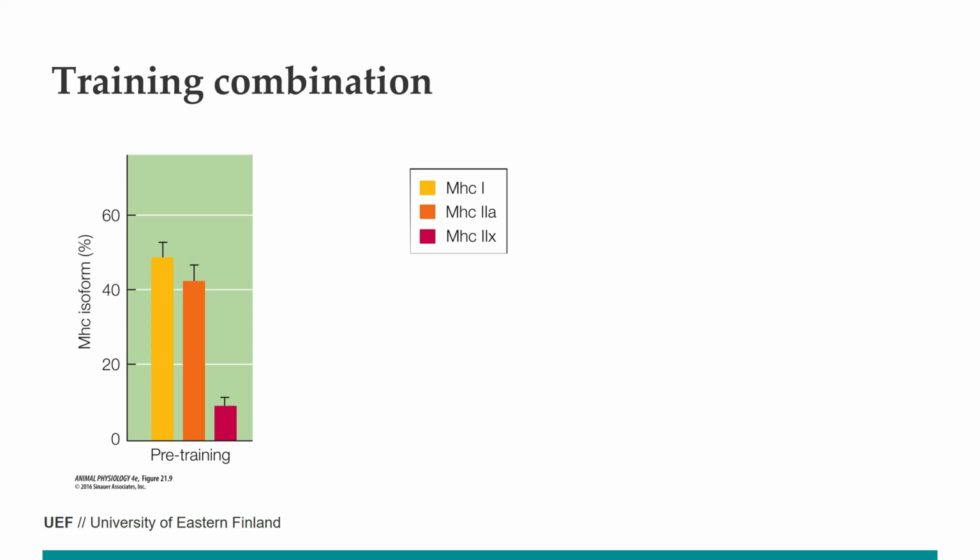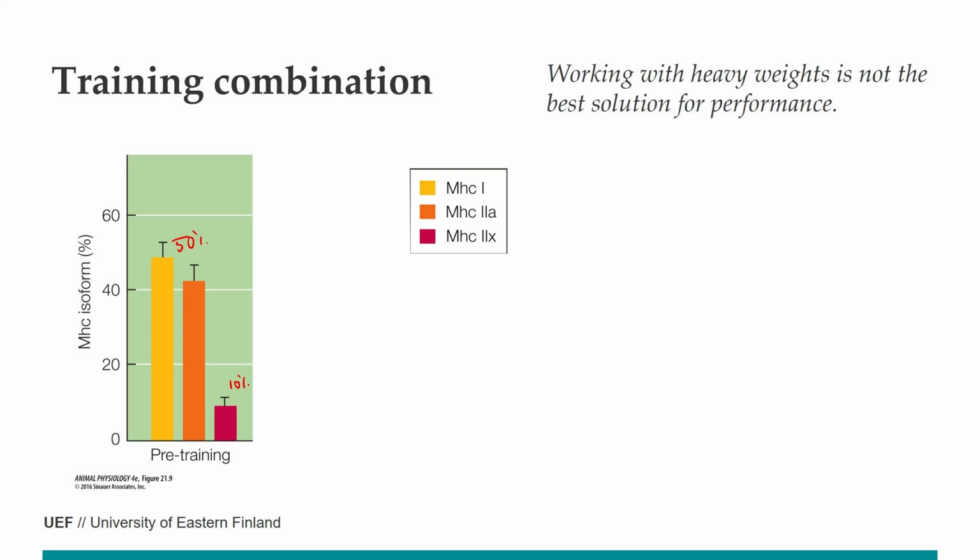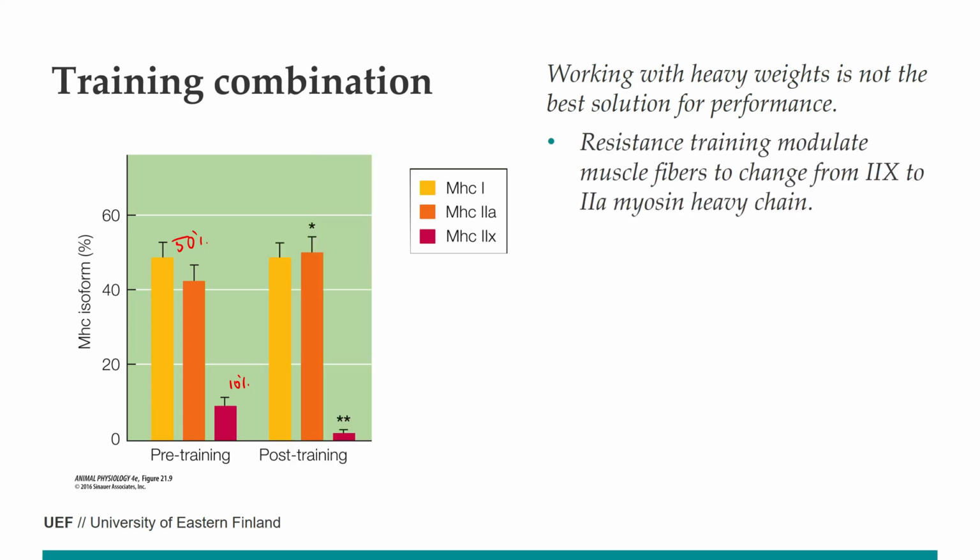Over here we can see that again 50% is MHC1, these slow oxidative fibers, maybe 10% is fast glycolytic, and working with heavy loads might not give the best performance.